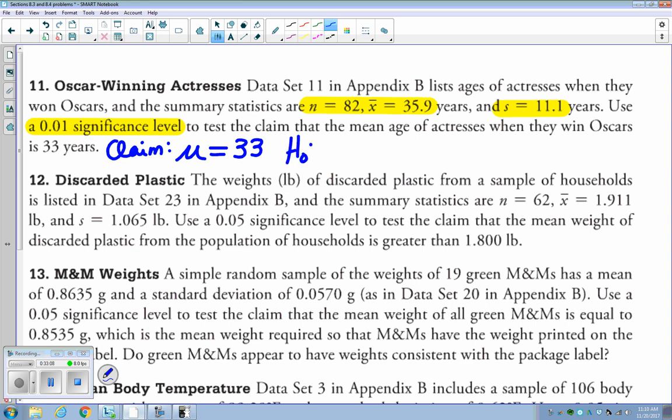My null hypothesis still has to be mu equals 33, right? How about my alternative hypothesis? It's not equal to, good. Because it doesn't say they're going to be older or younger. It just says they're 33. Okay? And we're using the T statistic.